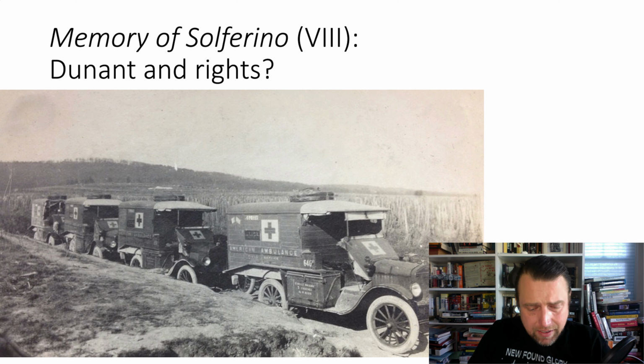This was in 1864. So by 1864, 1865 then, there was an international organization, now calling itself the Red Cross, and a treaty that codified in international law the treatment of wounded and injured soldiers.